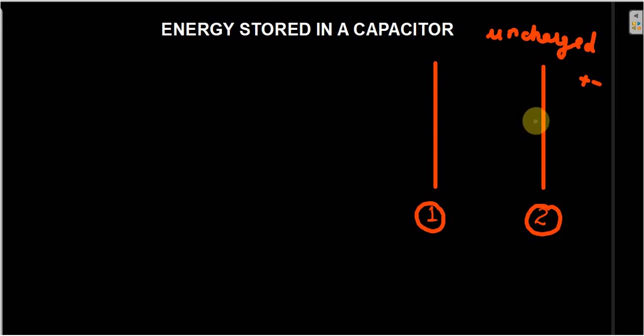Now we want to give charge to these two plates. So we will do something so that this plate becomes negatively charged and this one becomes positively charged. We will do this using some external agency.